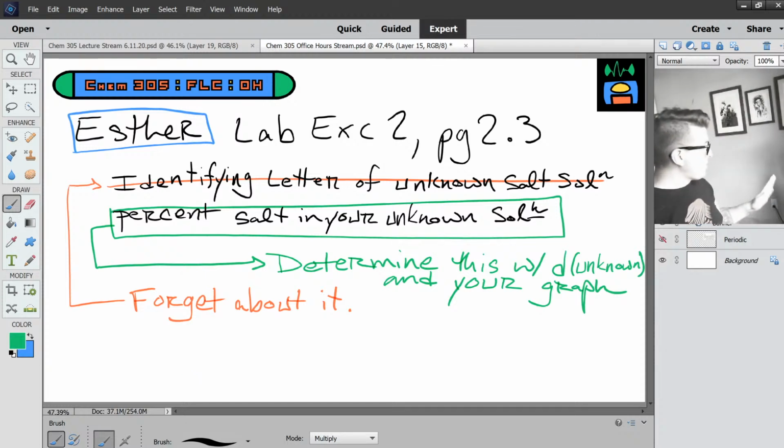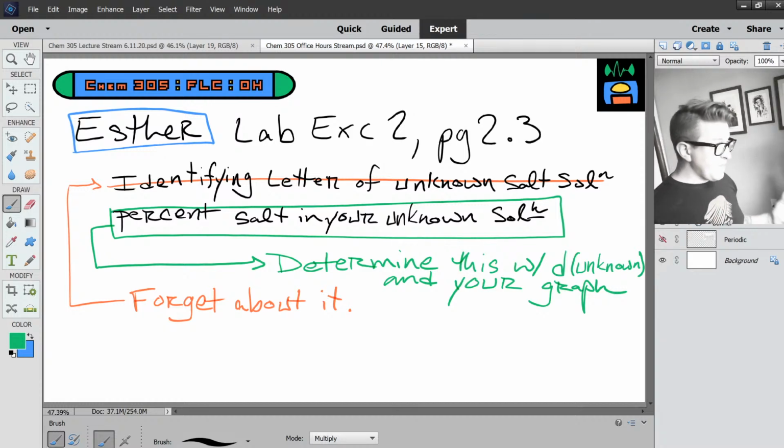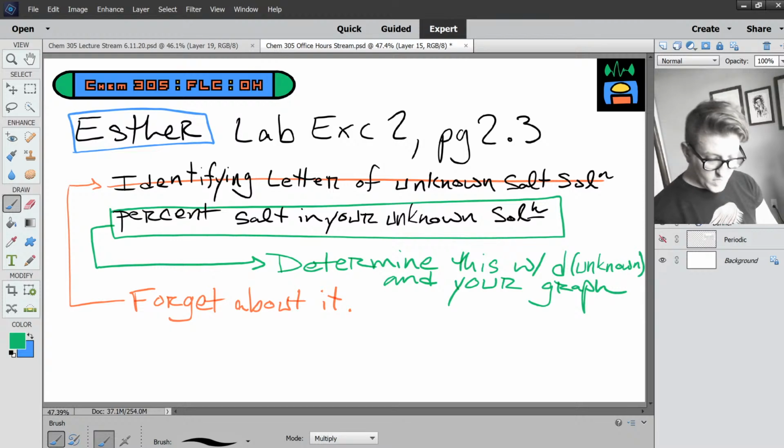So you don't have to worry about writing down the letter because they don't do any. They just have an unknown, and all you have to do is use your graph and the density of the unknown solution based on the measurements from the video to find the percent mass of salt in your solution.